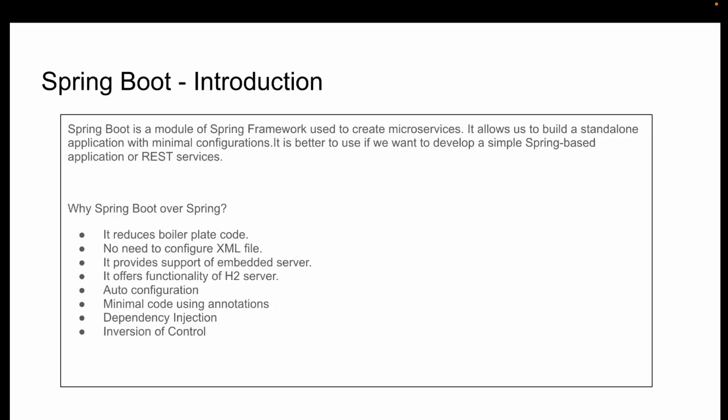Minimal configurations means the configuration part that you have to do is very minimal, or even zero. When you create your Spring Boot application, it automatically gives you some structure and annotation based support that helps you run your Spring Boot application with minimal effort.